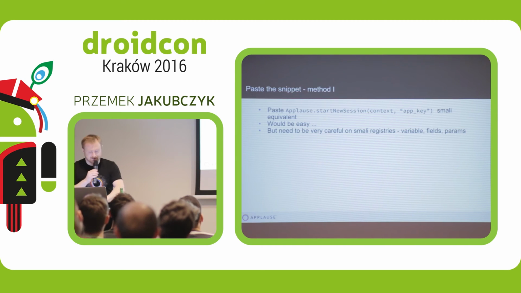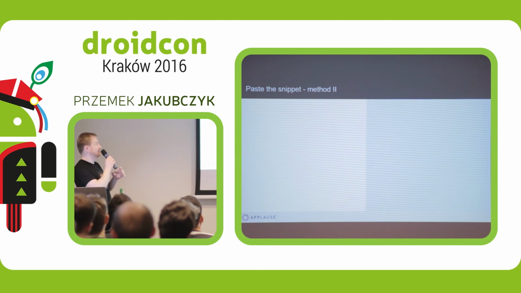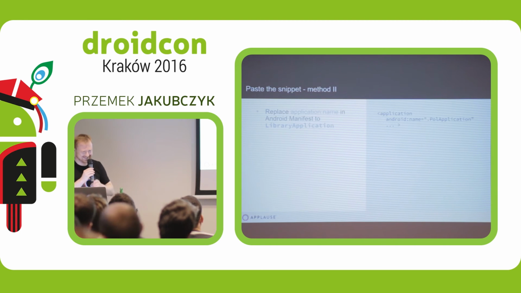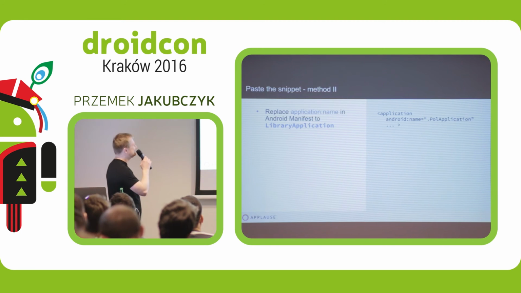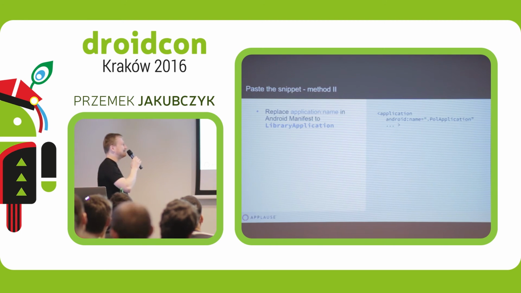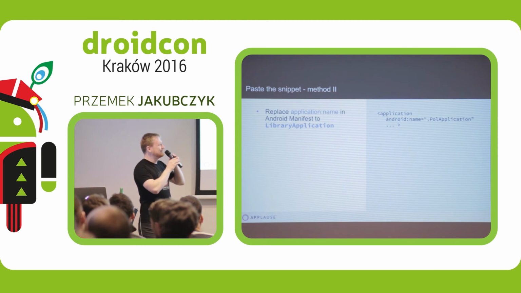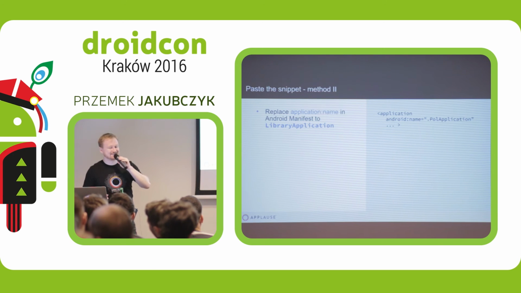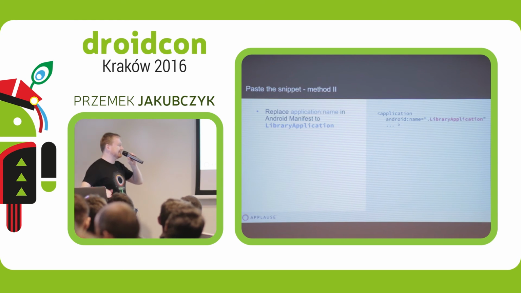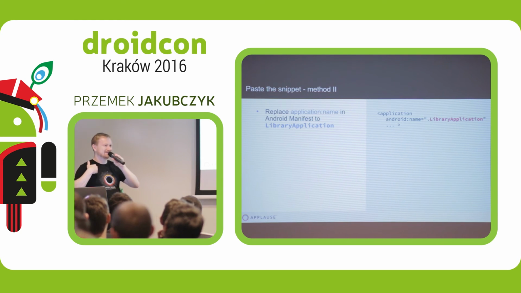But then we found another method. Method 2 is much easier. We can replace the application name with our library application. Instead of having the Polar application reference in the manifest, we can easily change it to ours, right?